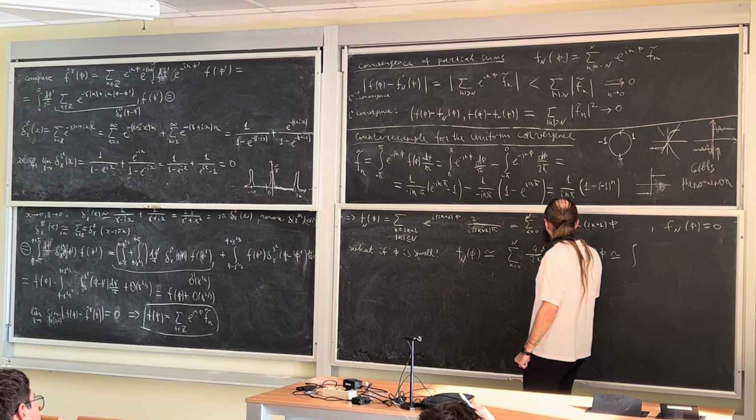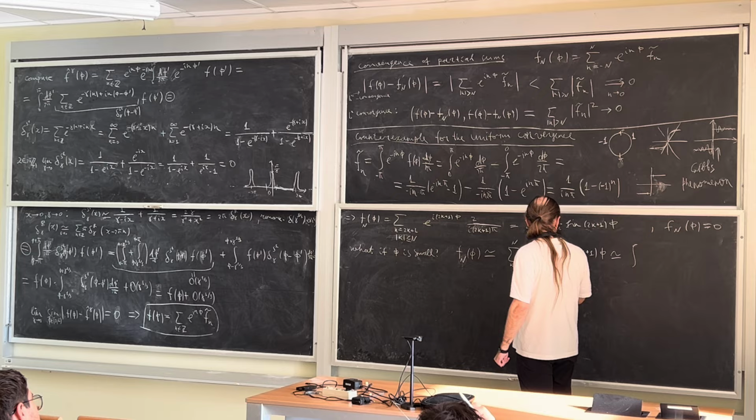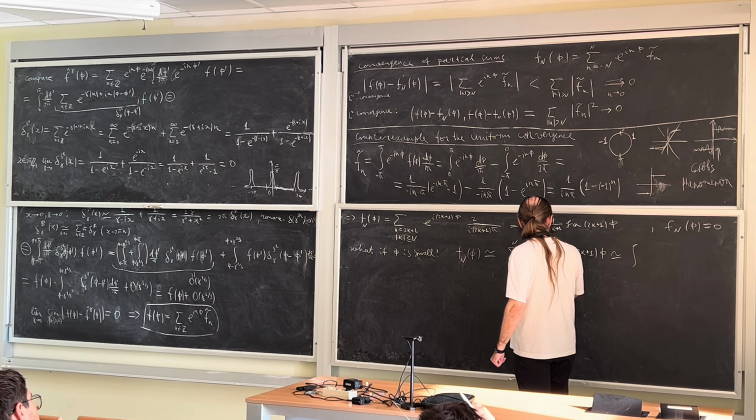Let us write it actually like this: let us multiply by delta k times phi over 2k plus 1 times phi.